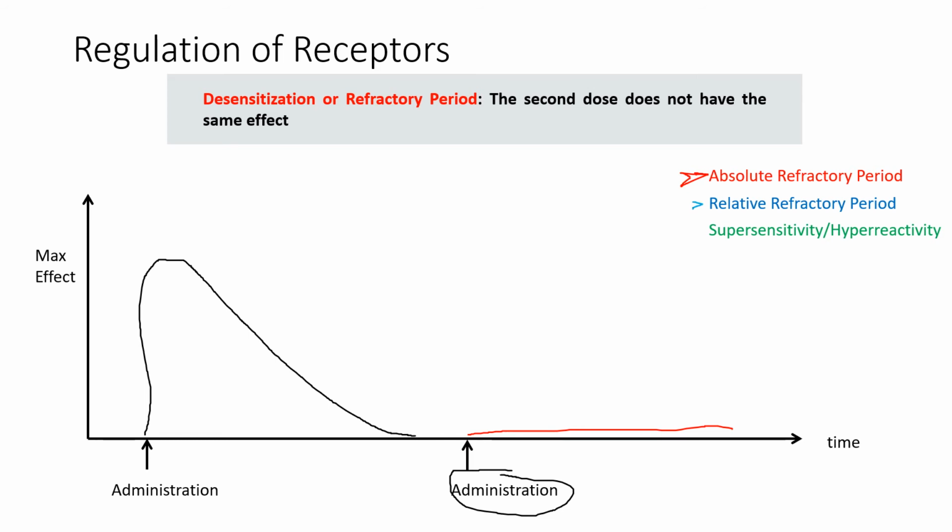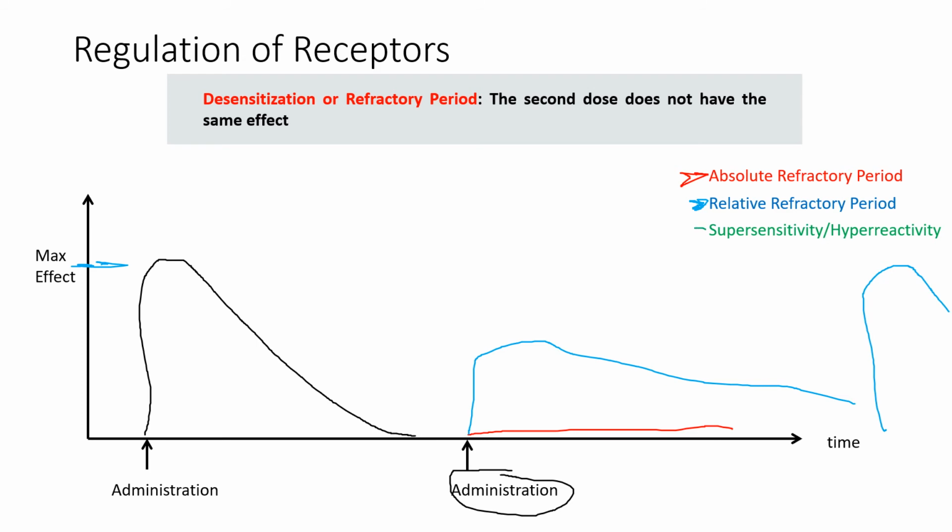Now, with the relative refractory period, there is a reduced effect, and maybe at some time later it might get back to the same response. So maybe there is a third administration. It might go back to where this max effect was, but on that second administration, or within that relative refractory period, the effect is going to be diminished.